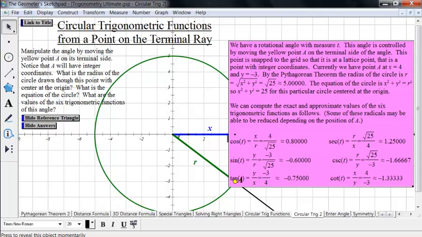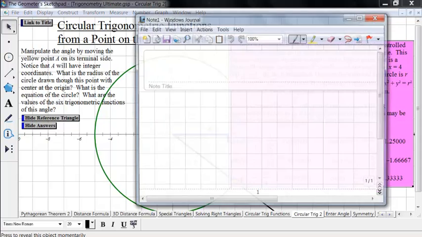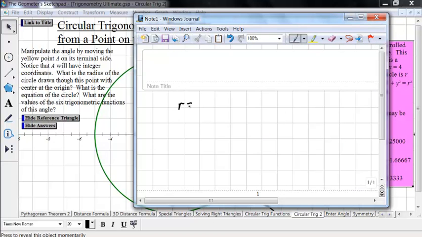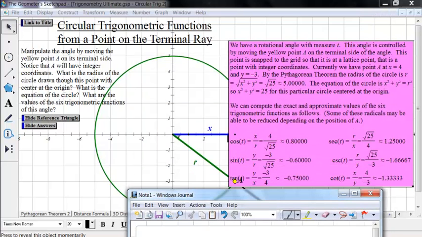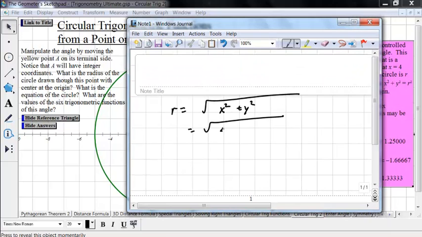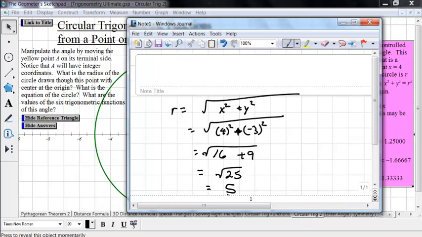Let's work that out. x was positive 4, and y was negative 3, so that's positive 16 plus positive 9, and we add up to get 25. In this case, the square root's easily obtained. It's just 5. So r is 5 here.